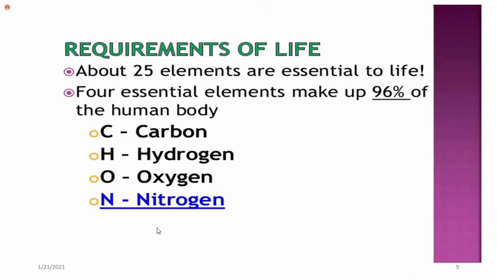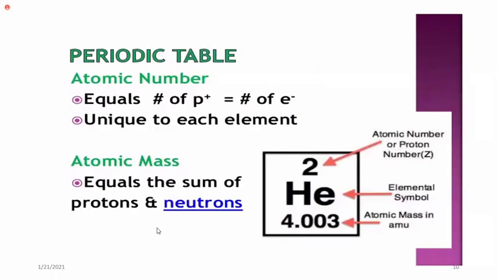You have come across the periodic table, which depends on the atomic number and atomic mass. In this example, it is helium, which occupies the second position, atomic number 2.